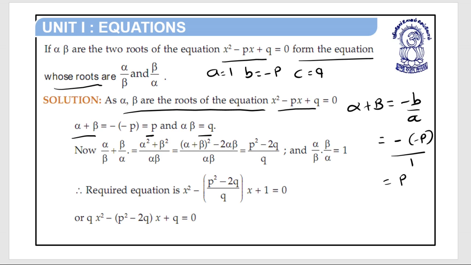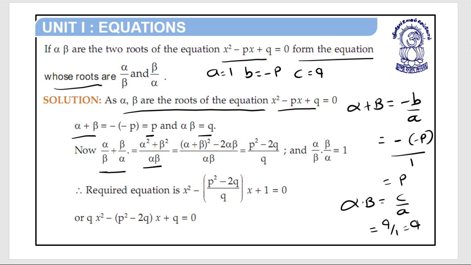And alpha into beta is equal to c by a. So c is q by 1. So the answer is q for alpha into beta. Now, alpha by beta plus beta by alpha is equal to, take LCM and write alpha square plus beta square upon alpha beta.